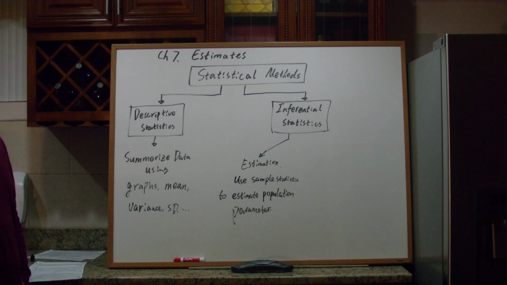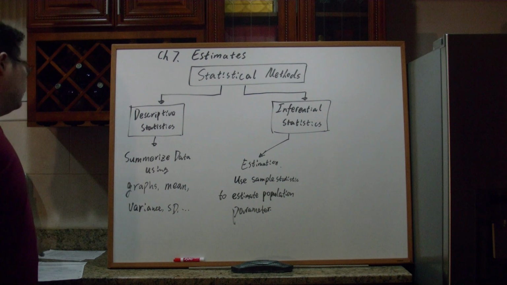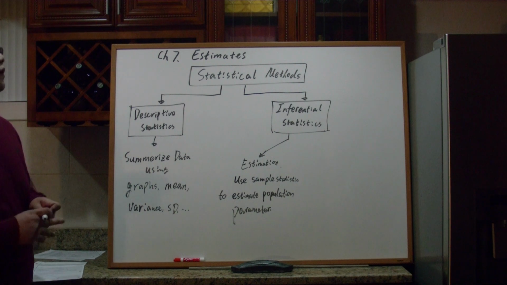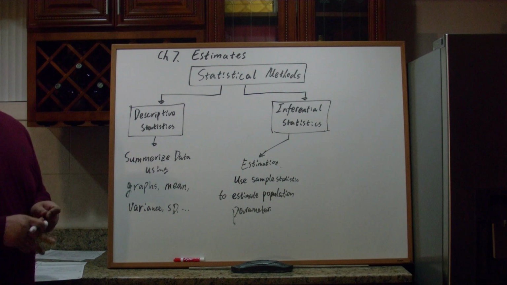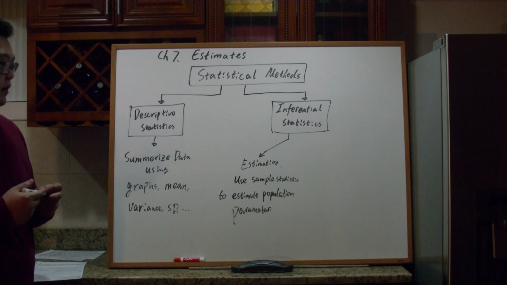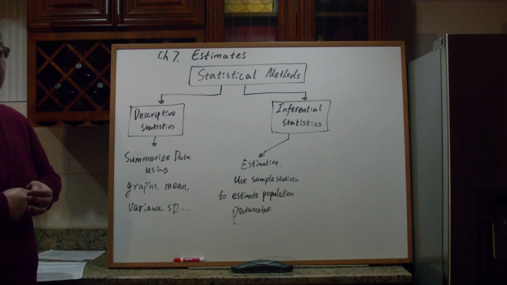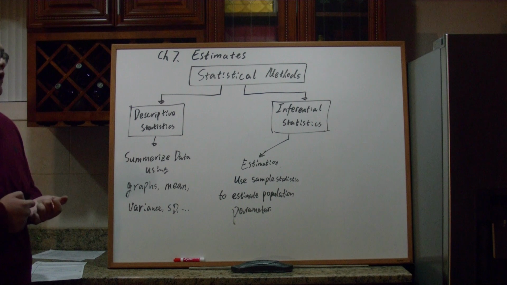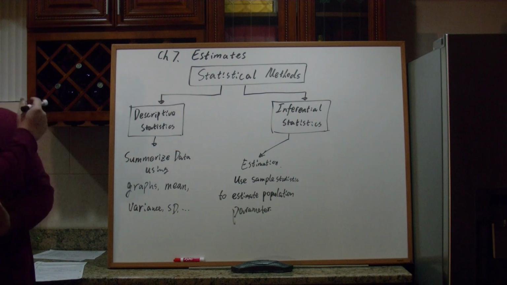Like for a poll or a vote, the most accurate answer is the population parameter, which means going to everyone, asking their opinion, and getting the proportion.